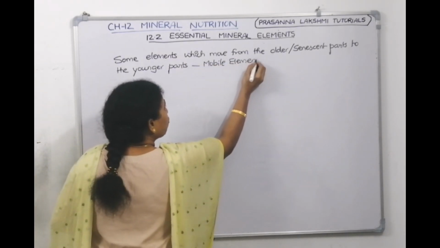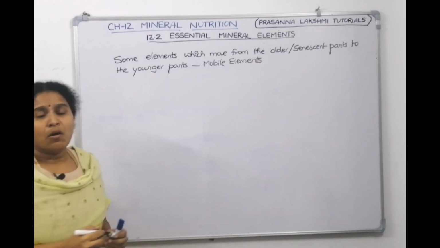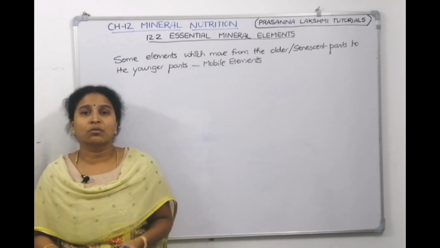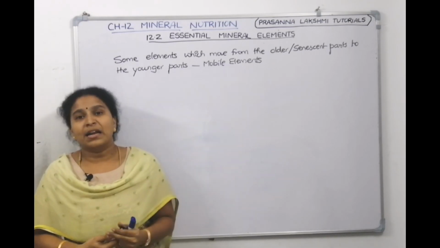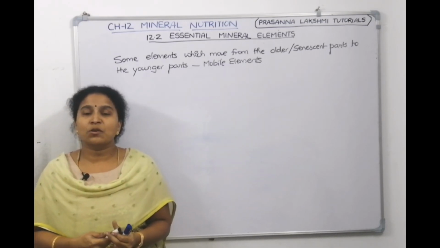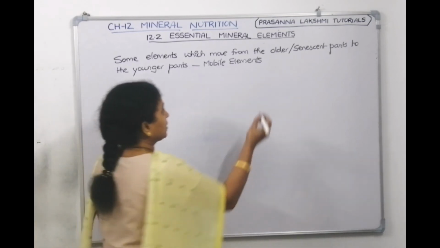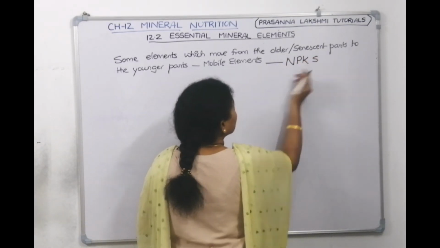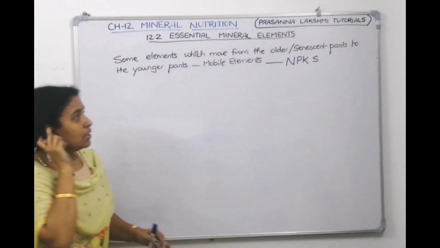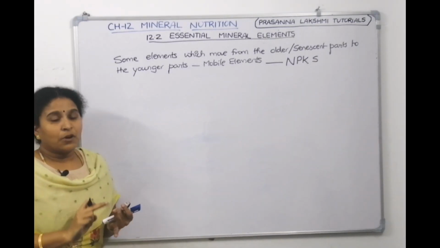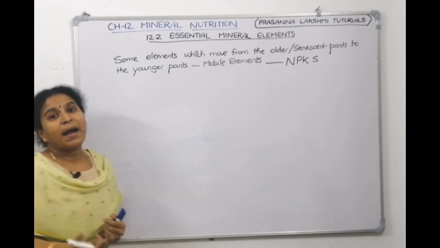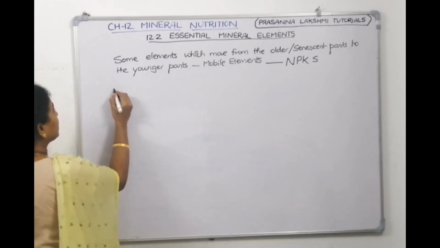The elements which move off from the older parts, dying parts, to the younger parts before they drop down are called mobile elements. Example for mobile elements, we can take NPKs. So we can tell nitrogen, phosphorus, potassium, sulfur are examples of mobile elements, right? So they are mobile elements.